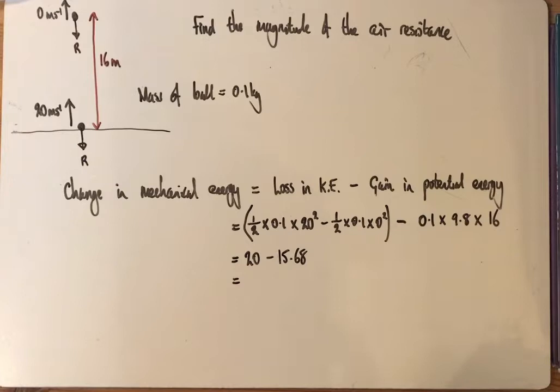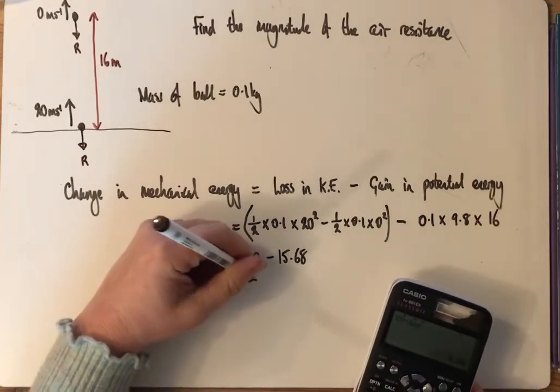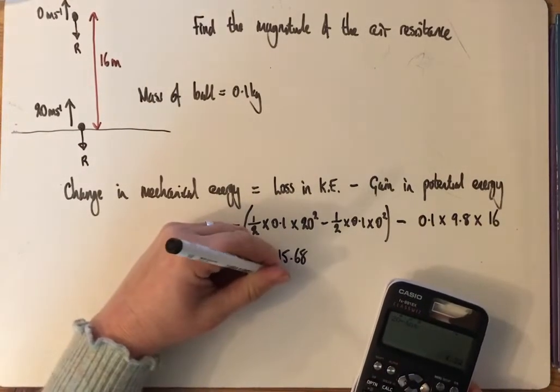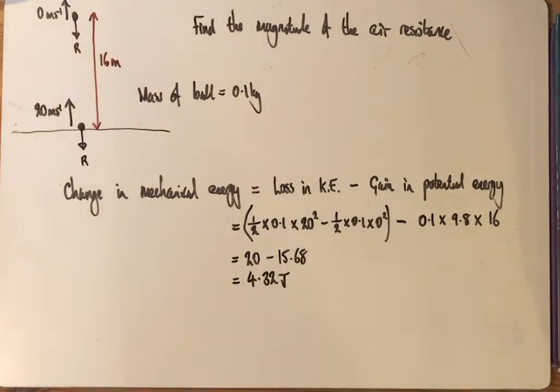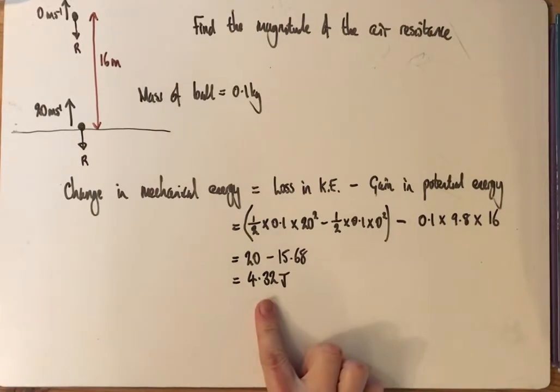Which gives you 4.32. So the work done by the air resistance is equal to 4.32 joules.